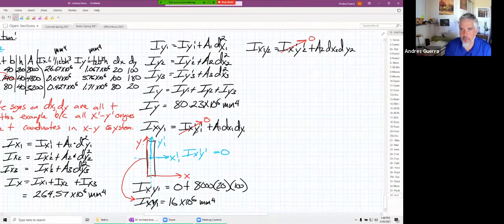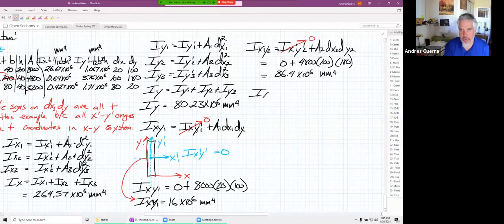And so we're going to end up with a 0 plus A2, which is 4,800, times dx2, which is 100, times 180. And so we're seeing here, even though the X primes, Y primes are 0, the Ixy is not 0. They're still significant. This is 86.4 times 10 to the 6th millimeters to the 4th.